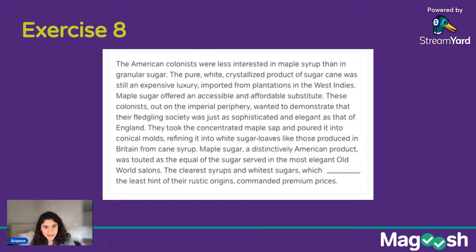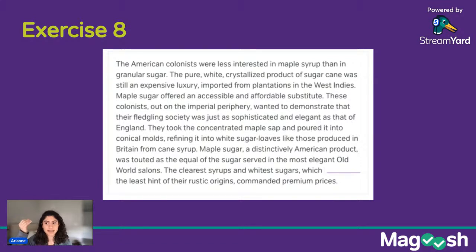Then looking at the sentence after our blank, the clearest syrups and whitest sugars, which blank the least hint of the rustic origins, meaning the whitest sugars and the clearest syrups didn't show their origins. We're associating sugar, clear syrups, and all of these things as something elegant, something that is expensive, something that is luxurious.